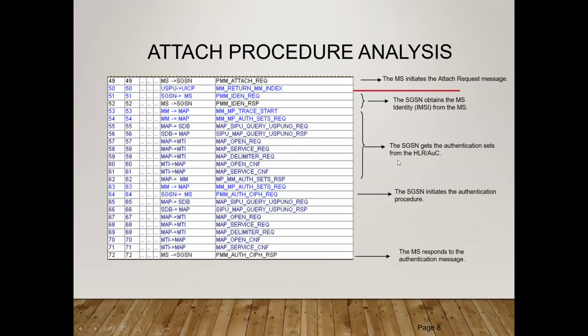So it is MAP communication with the HLR to get the authentication sets. Then you have the authentication procedure with the MS, which is basically to get the authentication done. The MS then responds back with the authentication.